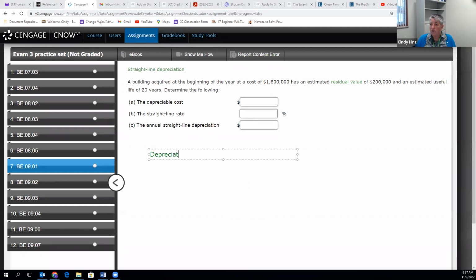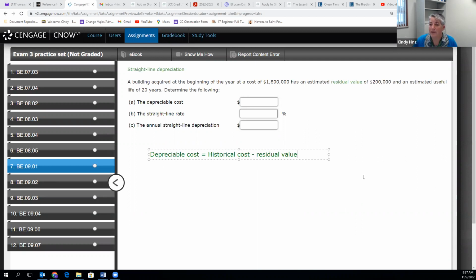So the calculation for depreciable cost is historical cost minus the residual value. Again, this is the value that we are going to use up or record as expense.